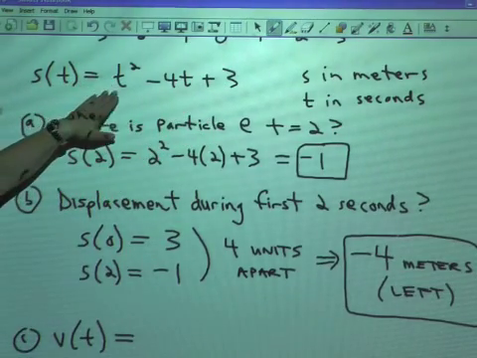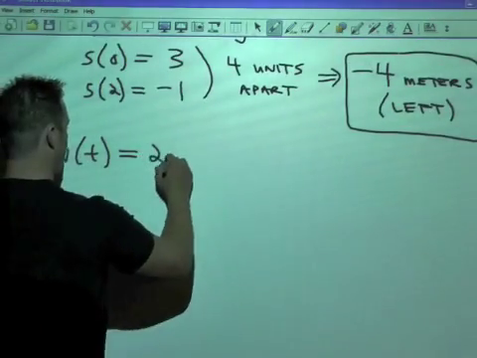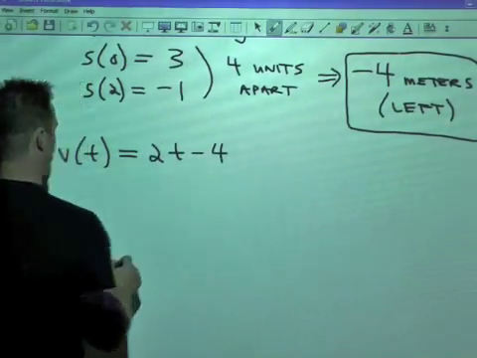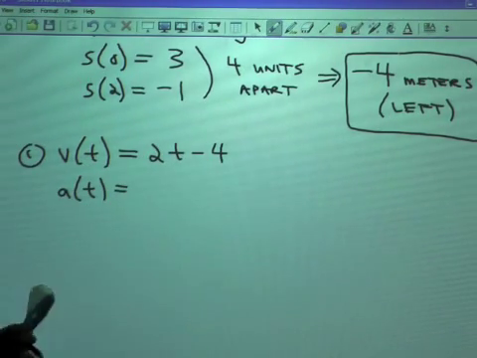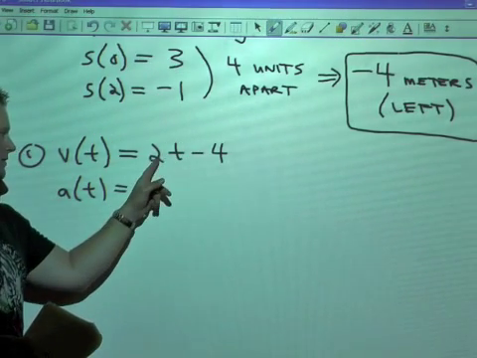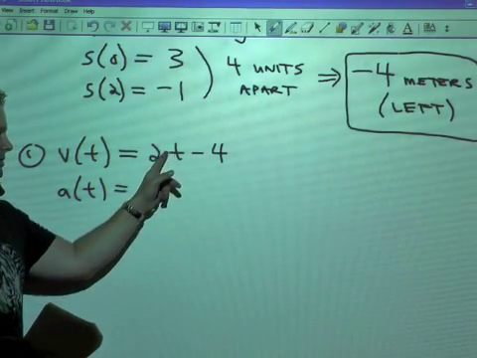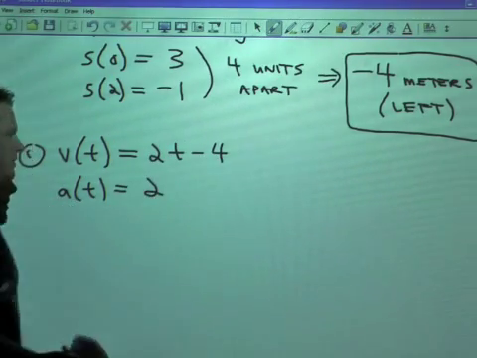So the velocity function is going to be 2t minus 4. The acceleration function is going to be the derivative of velocity, the rate of change of velocity. So the derivative of this is 2, the derivative of 4 is 0, so acceleration is going to be 2.